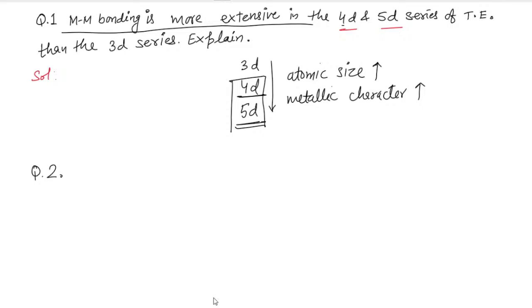Okay, next question. Why does Mn3+, in Roman we write it like this, oxidation state of manganese 3, undergo disproportionation reaction easily?